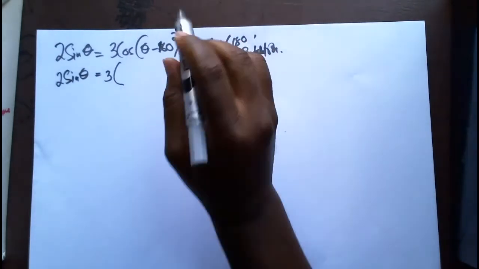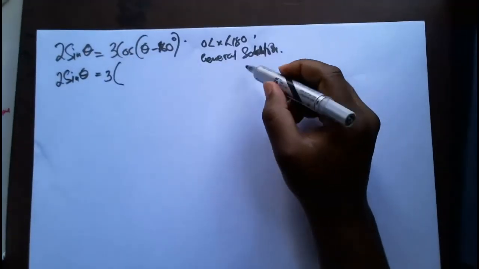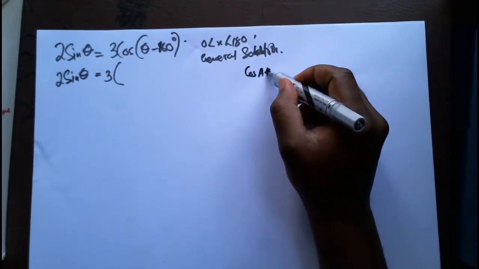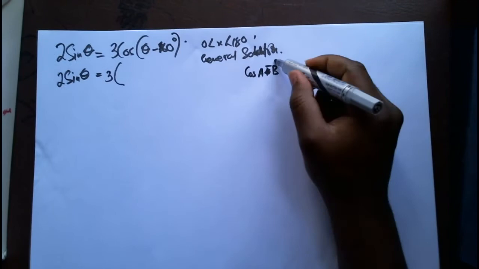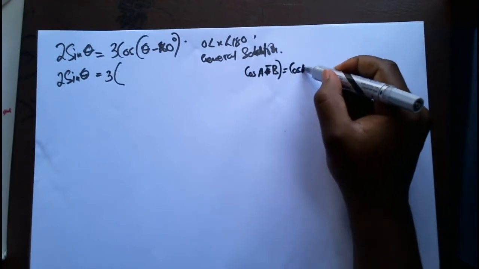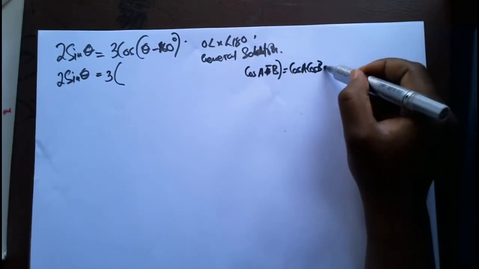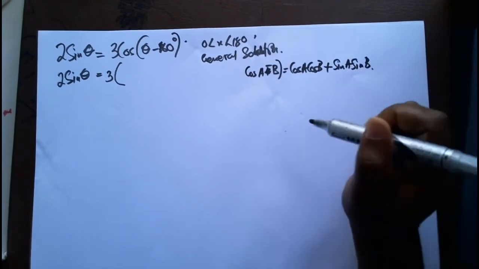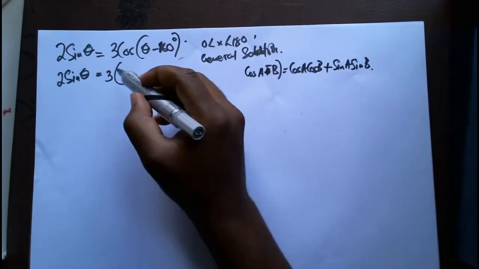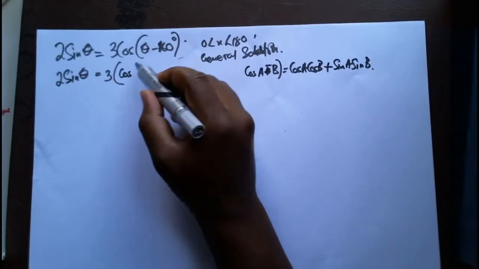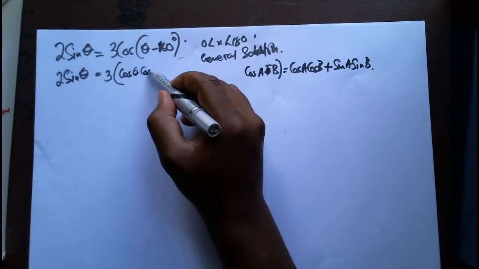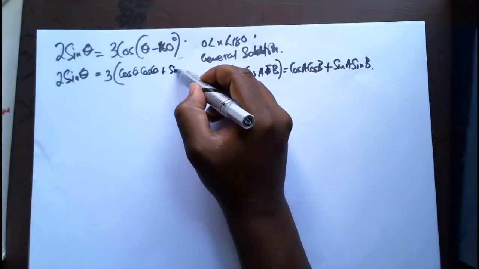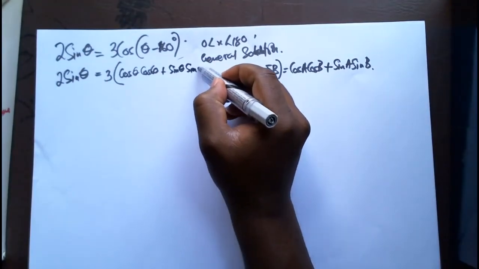The identity for cos of A minus B is equal to cos A cos B plus sine A sine B. So here I can say this is equal to cos theta cos 60 plus sine theta sine 60.